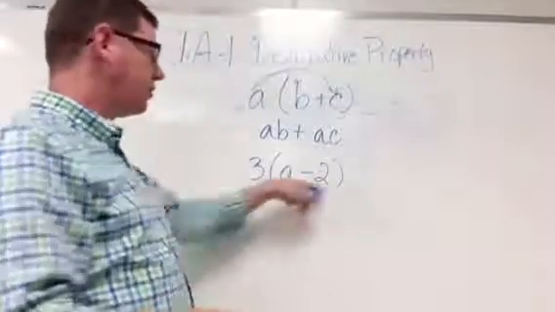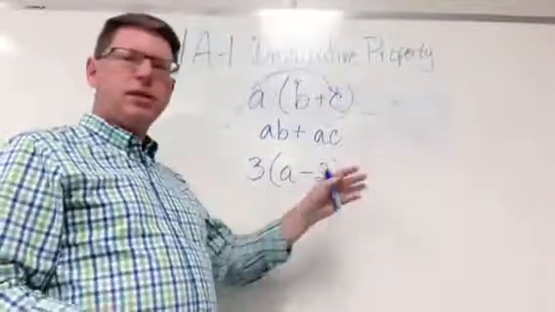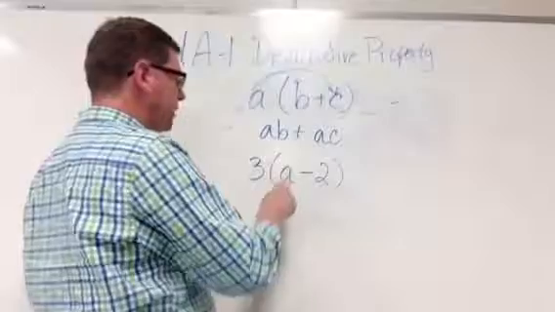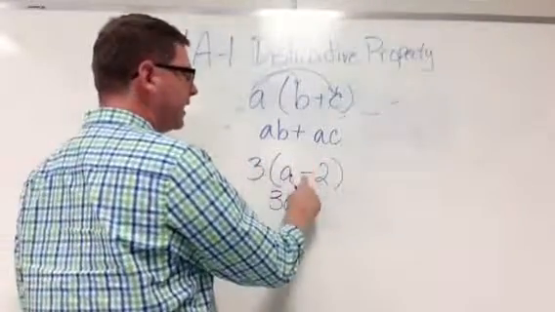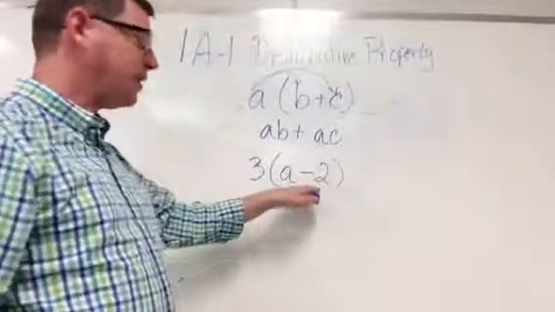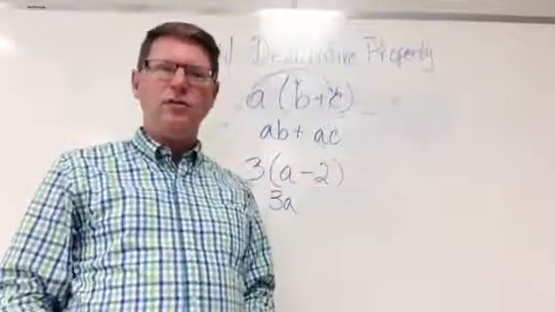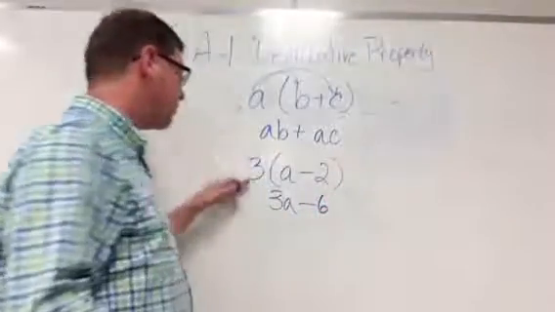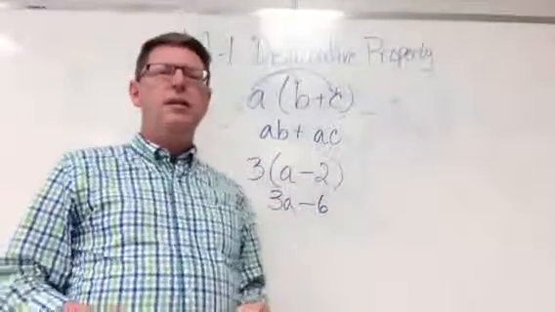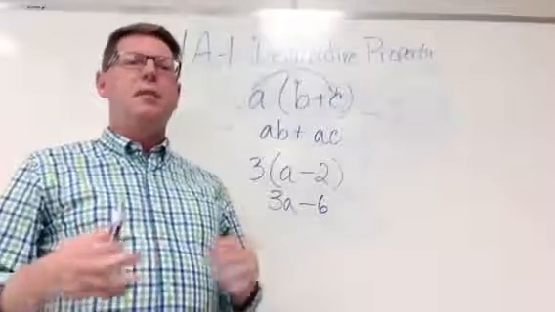Okay? So I'm going to take the 3 and multiply it by both terms that are inside the parentheses. So I take 3 times A and I get 3A. And then I take 3 times negative 2. That minus sign also acts as a negative for that 2. So 3 times negative 2, you know, is negative 6. So 3 times the quantity of A minus 2 is 3A minus 6.